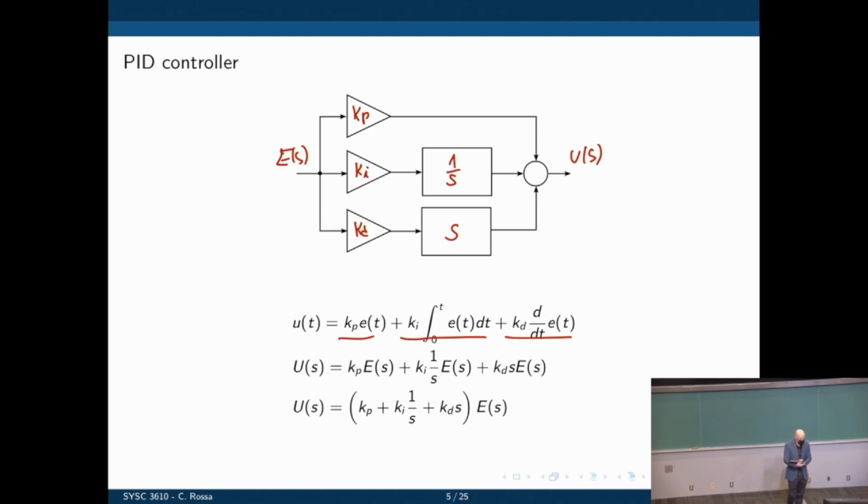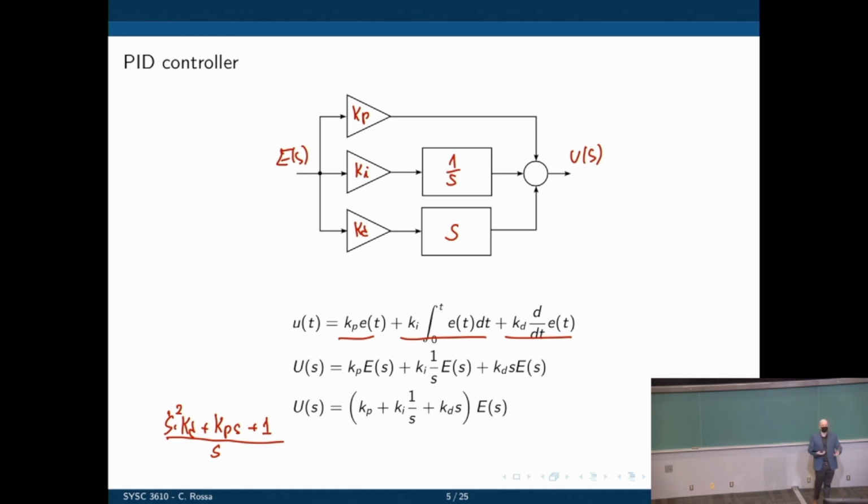Now, if you calculate this properly, we should have something like s divided by s squared Kd plus Kp s plus 1. So this controller is basically adding 2 zeros and 1 pole to the system.